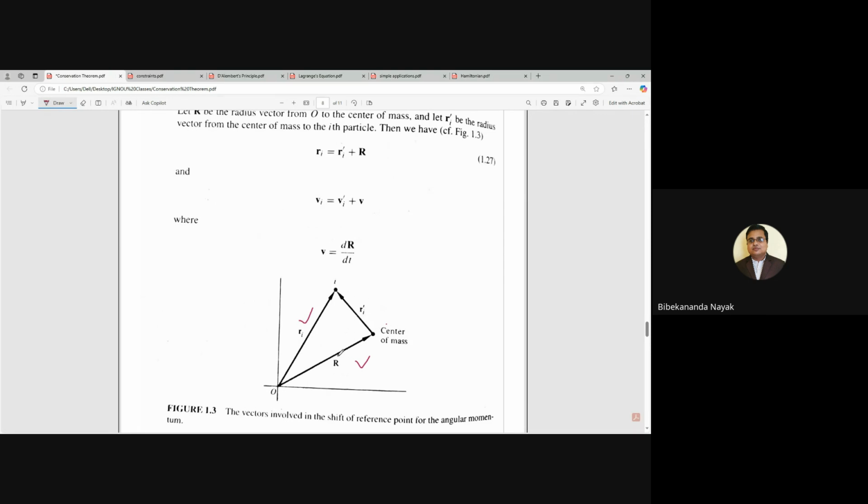From this figure, using the triangle law, Ri is equal to how much? Vector R plus Ri prime. Isn't it?